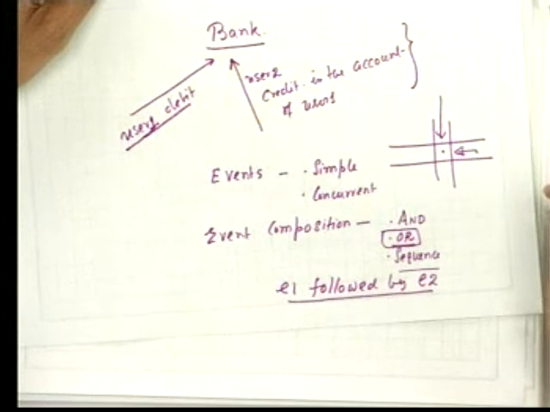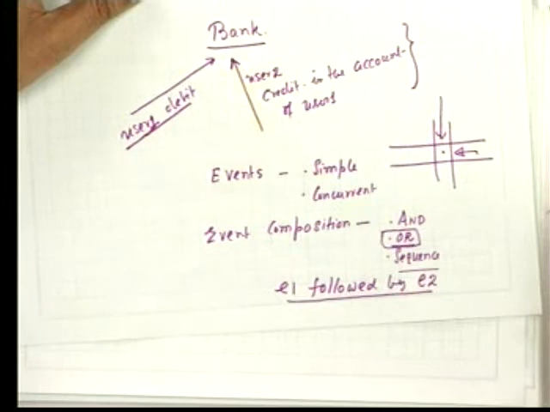For example, in a chemical plant, if it is found that the temperature has become high and at a slightly later instant of time the pressure also is high, then you raise an alarm, which means there exists a certain problem in the plant. So if both temperature and pressure become high within a certain period of time, then there is a problem. So this is what we mean by events.